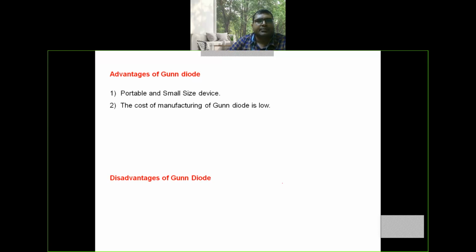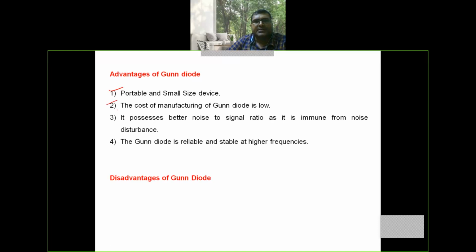Advantages of Gunn diode: portable and small size device. The cost of manufacturing of Gunn diode is low. It possesses better signal to noise ratio as it is immune to noise disturbance. The Gunn diode is reliable and stable at high frequencies.